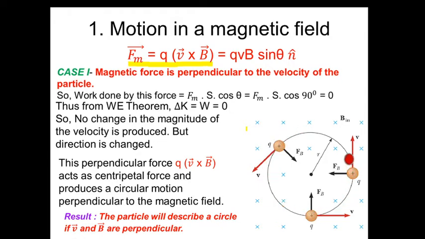The magnetic field is into the plane, so its velocity is always perpendicular to the magnetic field. Then what happens? First, work done by this force. If we find the direction, the magnetic force is perpendicular to B as well as V.